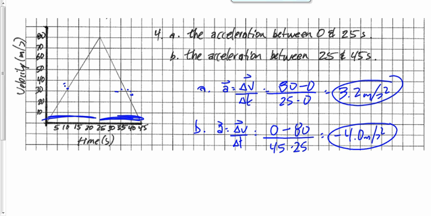How many people feel pretty good about that? You guys feel as good about that as you did the position time graphs? Because you guys aced that quiz. You guys going to ace this quiz tomorrow? Yes? All right. Again, I said the other day, the trick is, first of all, really knowing your stuff, and I think you guys do for position time graphs and velocity time graphs. But the trick is, come unit test time, know your stuff, but also keep them straight.